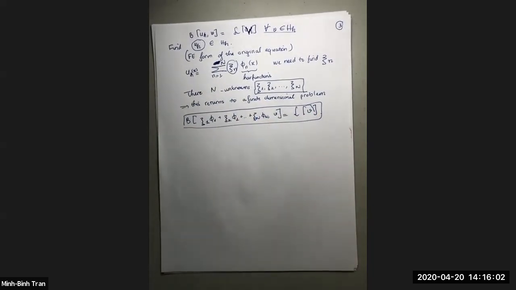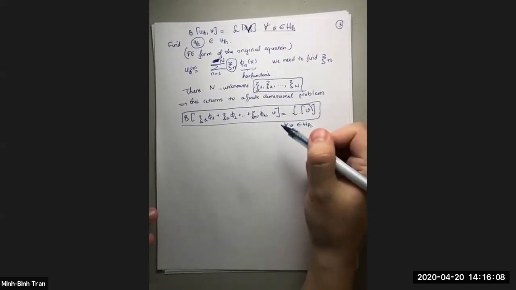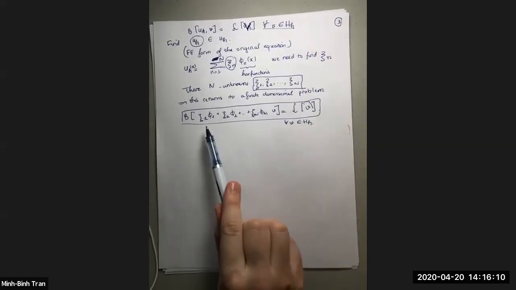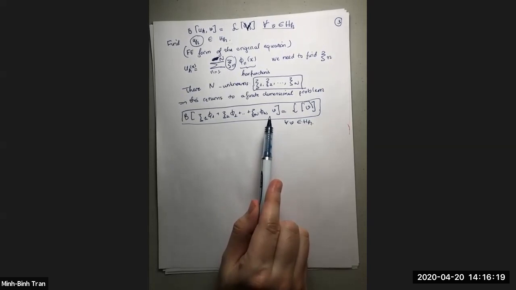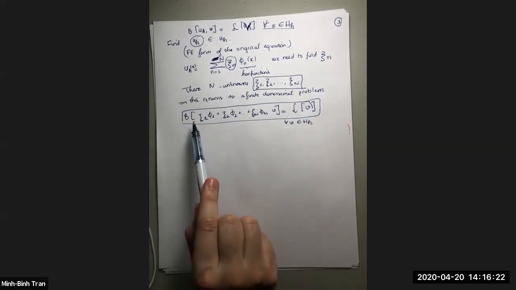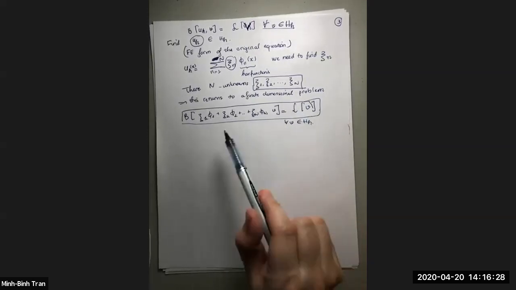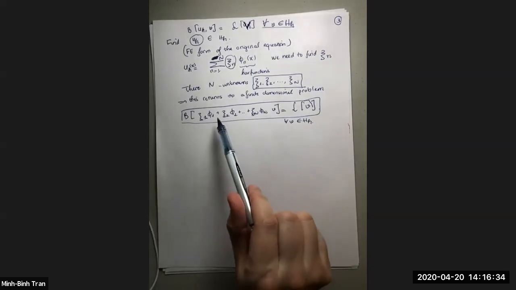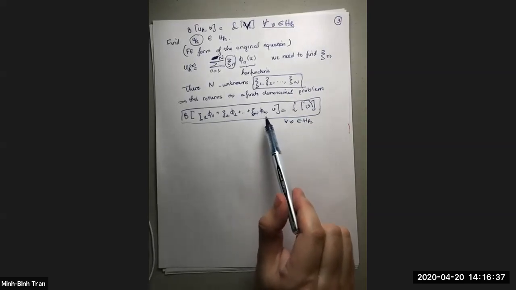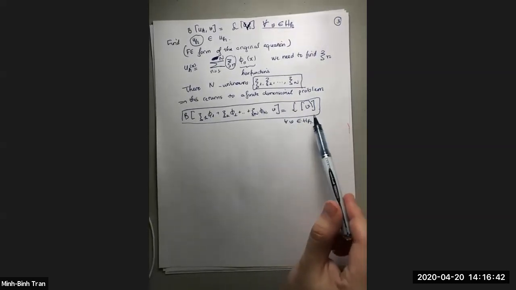Who knows how I can solve it? I have phi1, phi2, up to phi_N, which are all hat functions, right? V is a piecewise linear function. I have B(C1 phi1 plus C2 phi2 plus ... plus C_N phi_N, V) equal to L(V), right? So C1, C2, up to C_N are the unknowns, and phi1, phi2, up to phi_N are the hat functions which are given.